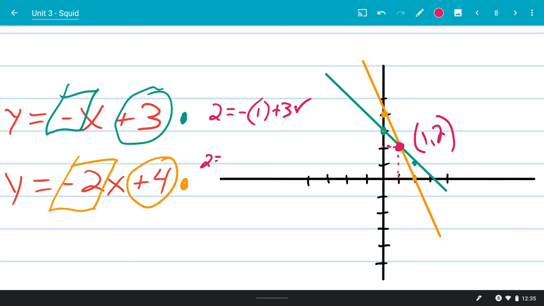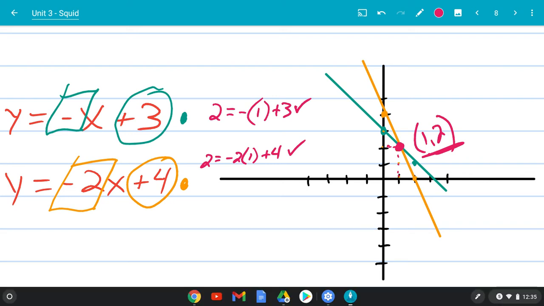Is 2 equal to -2 times 1 plus 4? Yes, it is. So that is, in fact, my solution.